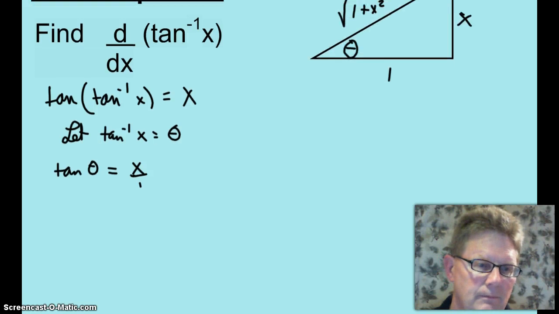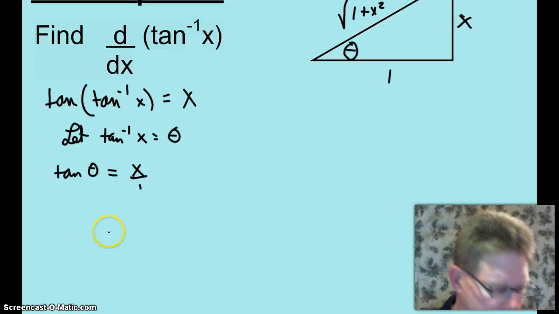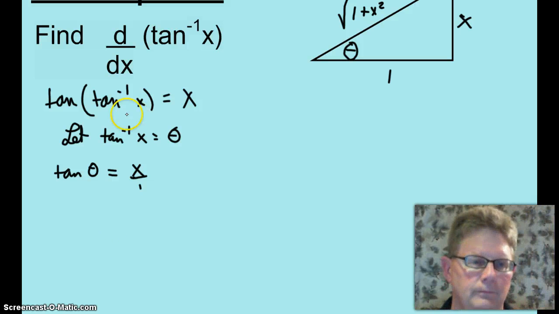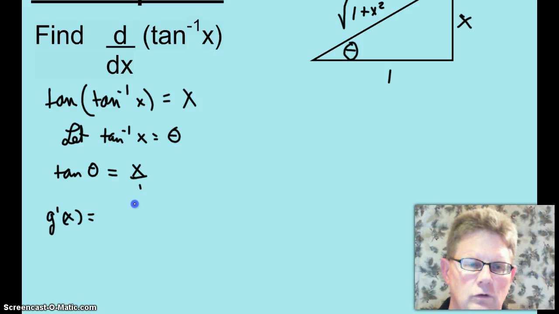Alright. I'm going to use g of x again, so g prime of x equals 1 over f prime of g of x.